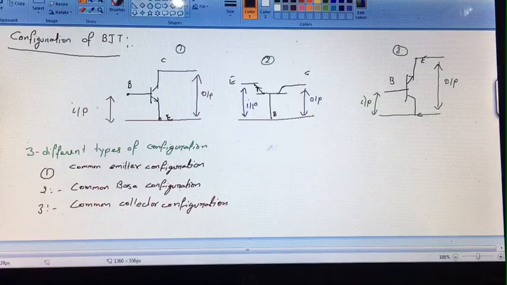Okay, so we will discuss about these different configurations in our next video.